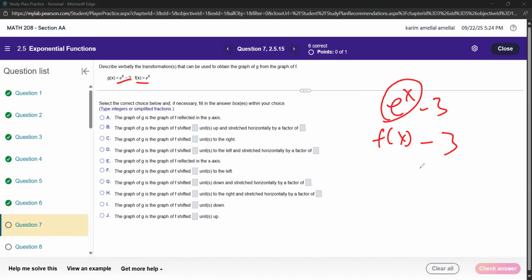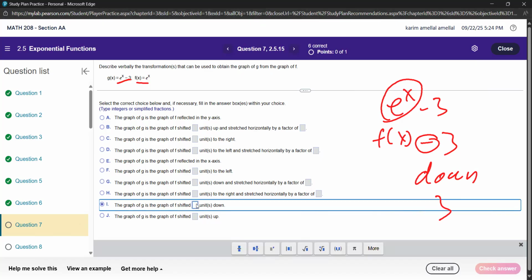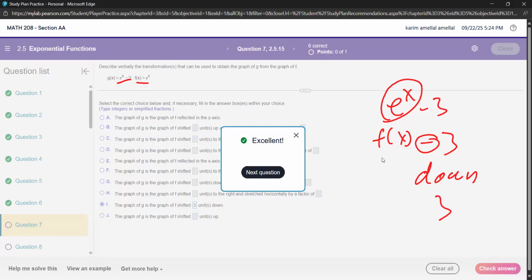That means it is shifted along the y-axis. Because of the minus, it is shifted down 3 units. So we will choose it, and we will write 3 units down. Okay, next question.